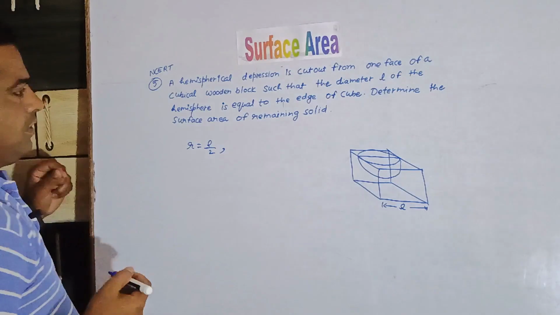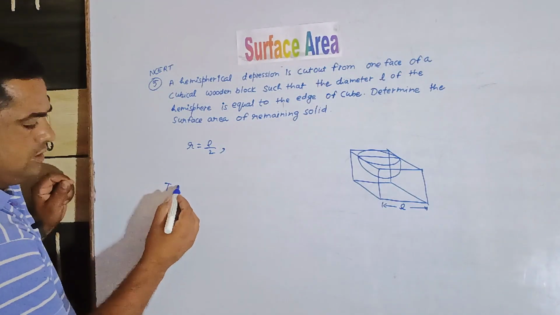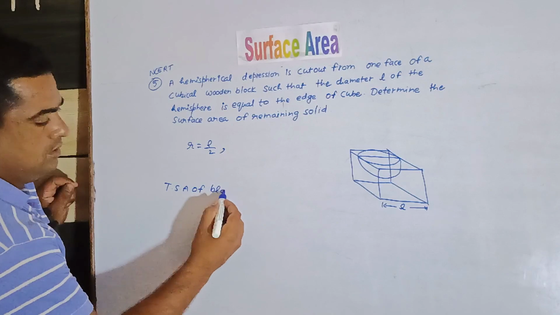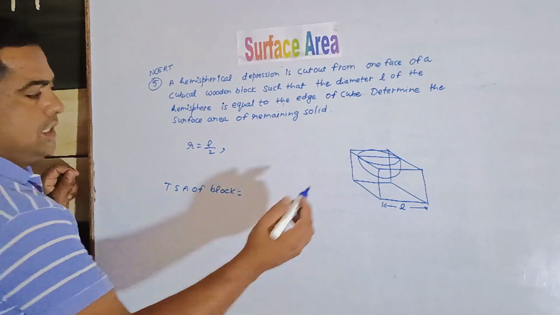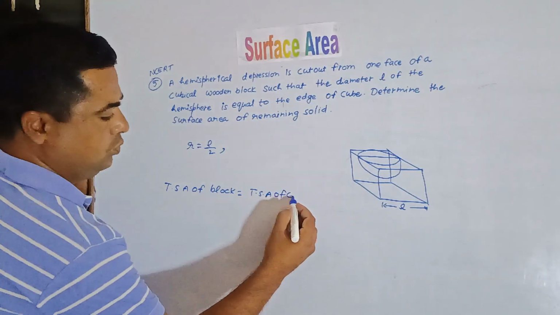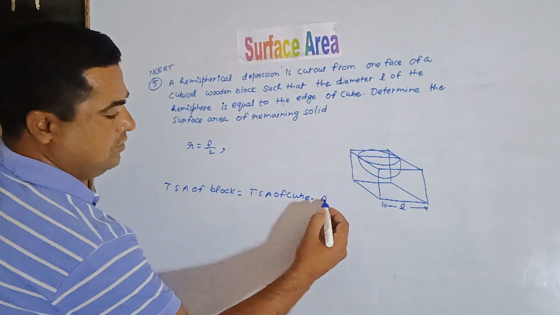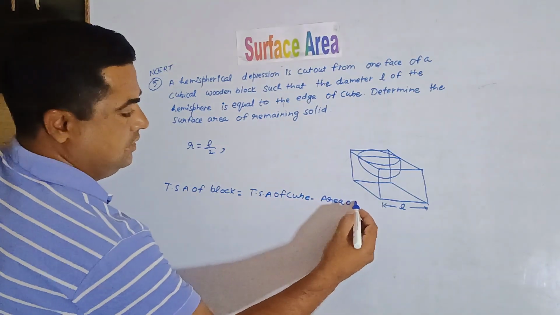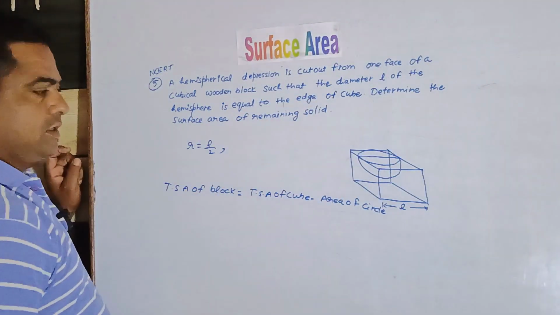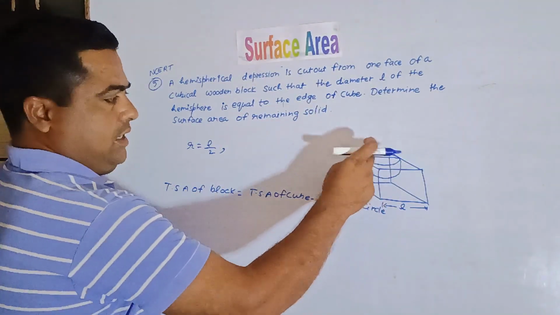Now we are finding the total surface area of the block. So this will be the total surface area of the cube minus the area of the circle. Students, you know very well we can paint all the surfaces except the area of this circle.